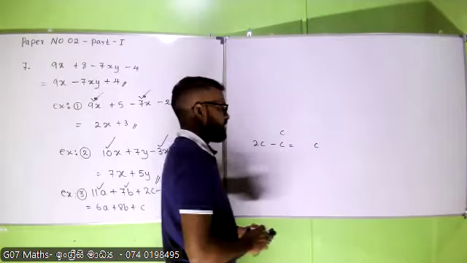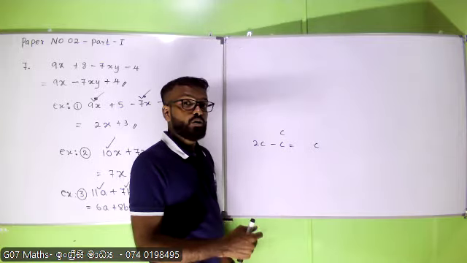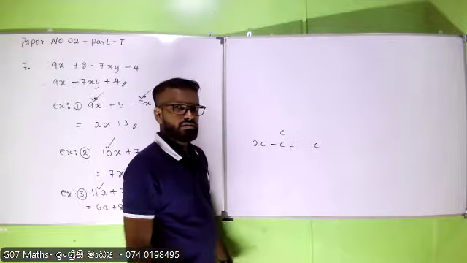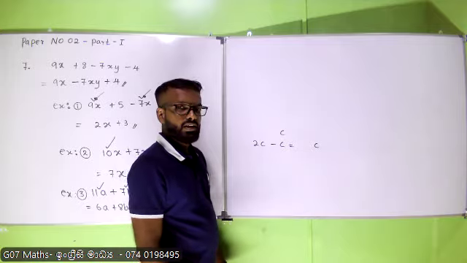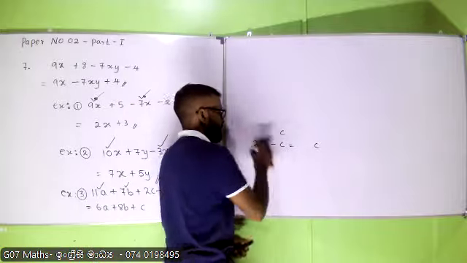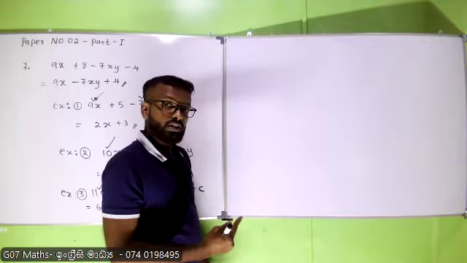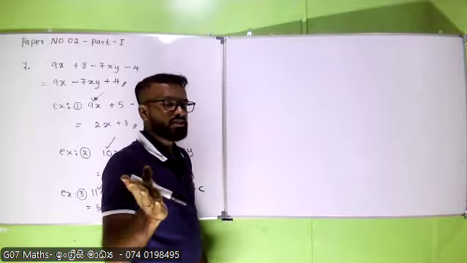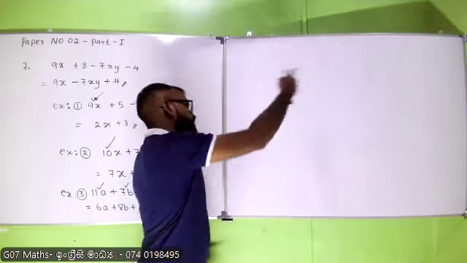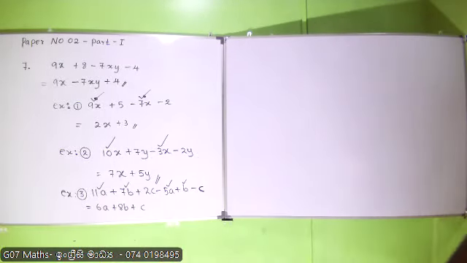If you have 1 apple, you are not going to say 1 apple, you say an apple. Likewise, a c. If you have 2 c's, 2c. If you have 3 c's, 3c. But if you have 1 c, you don't write 1c. That is not okay.